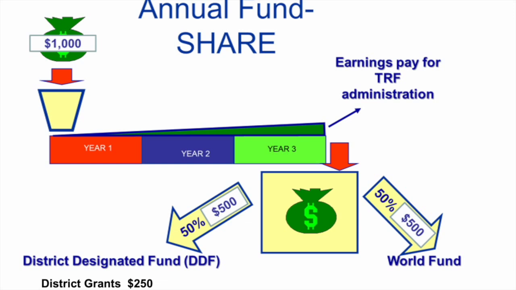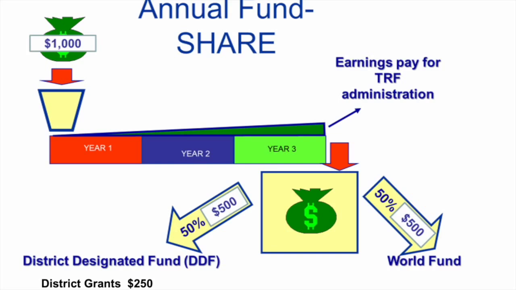The funds our district makes available to clubs for their grant projects come from the annual fund of the Rotary Foundation. When district Rotarians donate to the annual fund, the Foundation invests those funds for 3 years, and the majority of the administrative costs for the foundation come from the income on those investments.